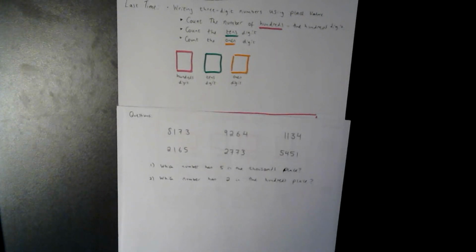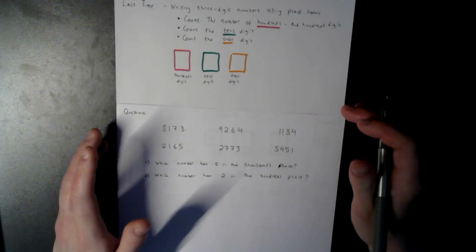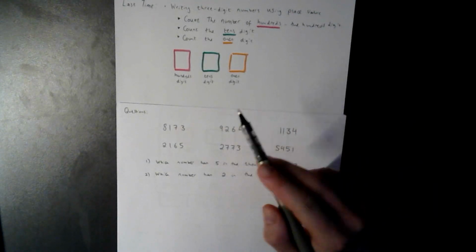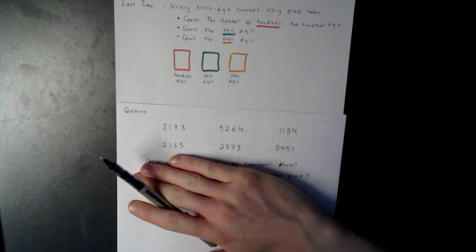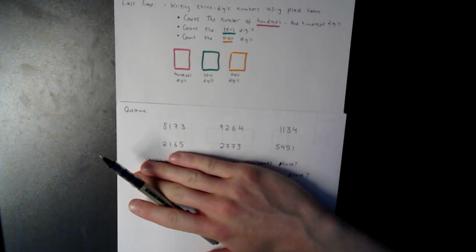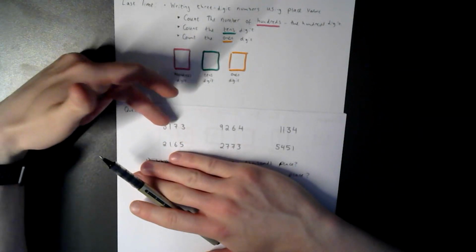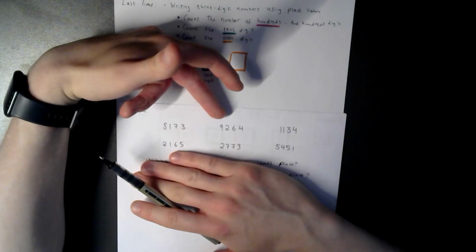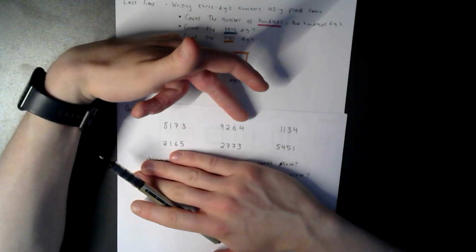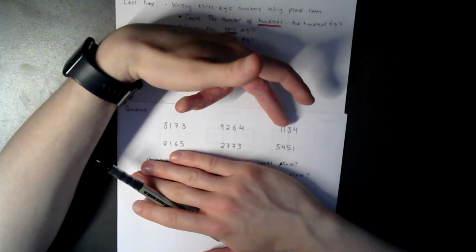So let's have a look at an example here, or rather a question. Here we have lots of 4-digit numbers. We have 8,173. We have 9,264. 1,134.